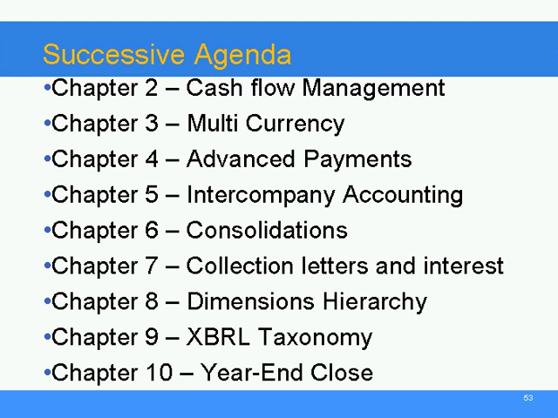Let me show the successive agenda. Next Tuesday we will cover financials chapters 2, 3, 4, 5, 6, 7, 8, 9, and 10. So cash flow management, multi-currency, advance payment, intercompany accounting, consolidation, collection letters and interest, dimensions hierarchy, XBRL taxonomy, year end close.